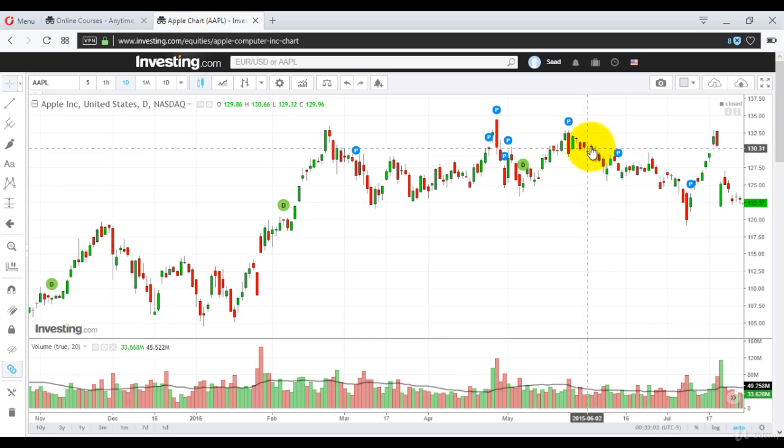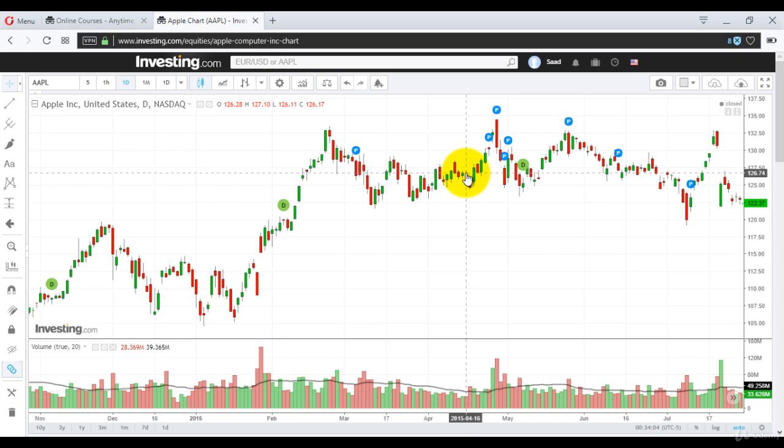And it is on the resistance, because if you look at it here, the previous high is 130.94 and the high of this candle is 130.58. So if it had risen a bit more, it could have crossed it. Again, it's exact.